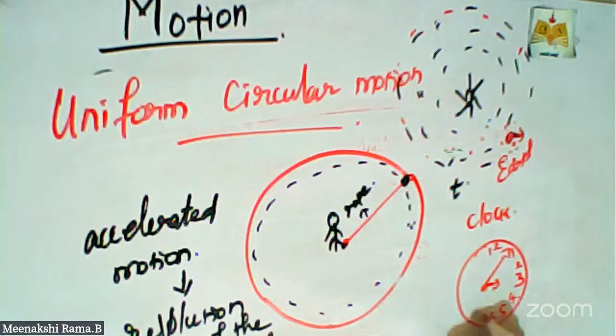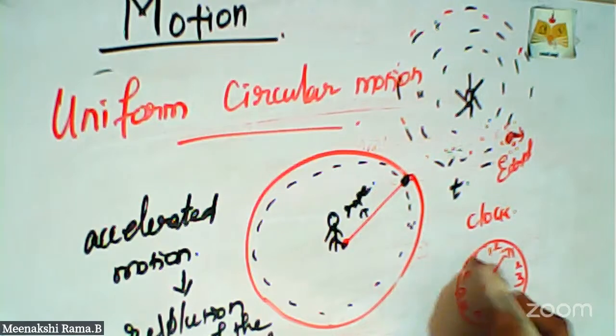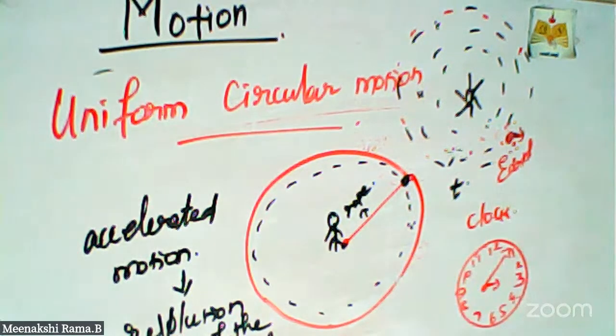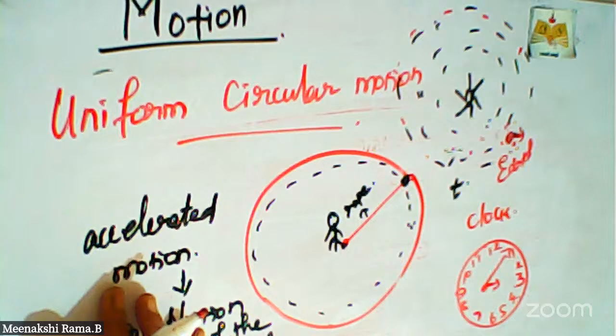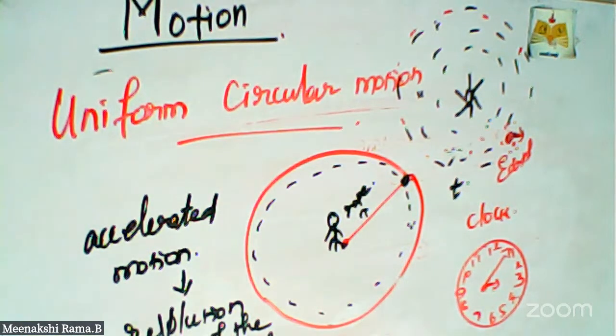Each and every hand rotates around the clock. The minute hand rotates around the hour hand. So this is also a good example of accelerated motion, that is, the revolution.